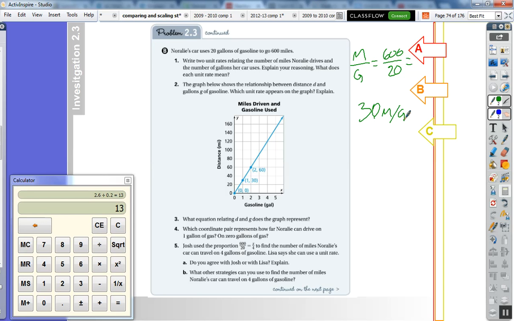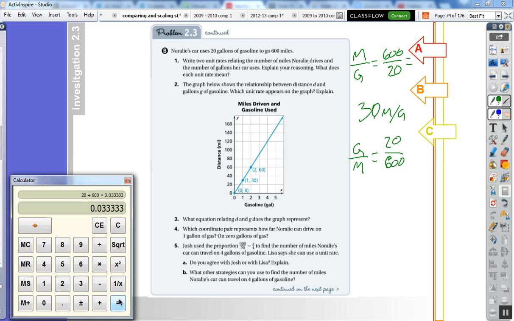But our other unit rate would be gallons per mile. Well, let's do it that way. So we have 20 over 600. Now, you can already see why this is less acceptable, because we get a very small number. The scientific notation may even make sense on this one.